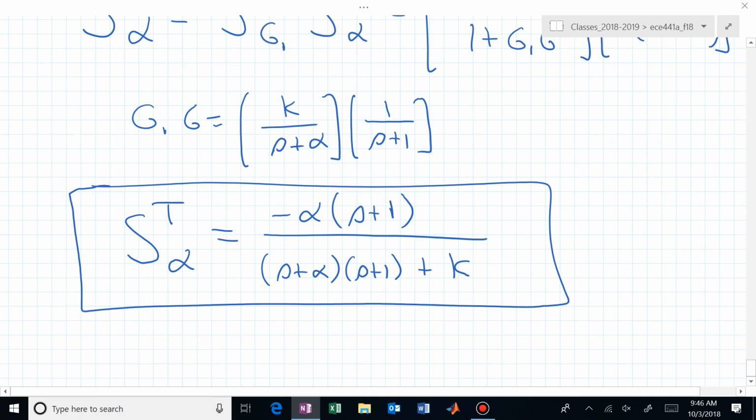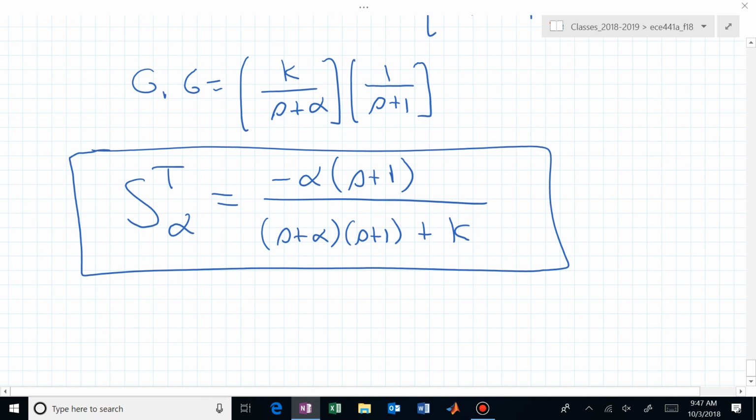Alpha was the pole in our controller. If we fix alpha at some value, and fix K, the gain in our controller, you could sketch the Bode plot of that sensitivity and see how the choice of alpha is influenced by, or is relative to, a frequency variation, as a function of frequency.